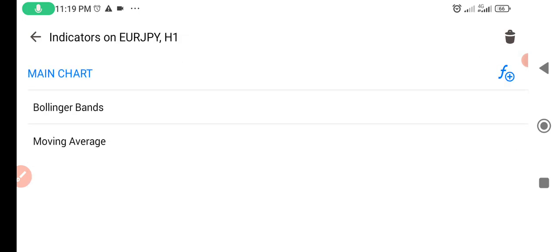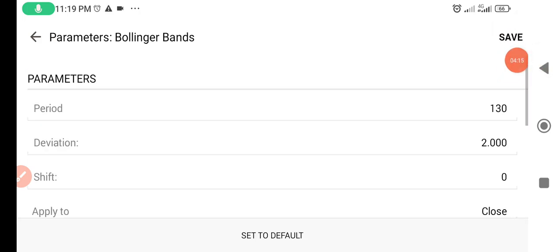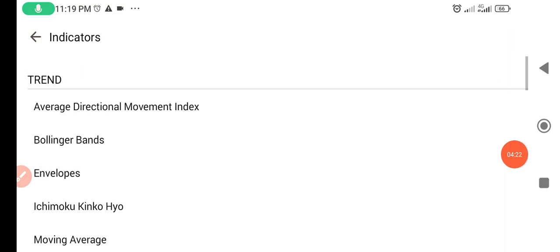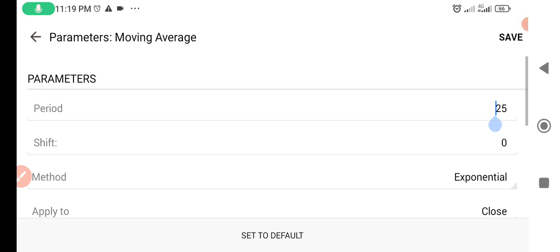Click on done. You add another moving average. We are going to add a new moving average, and this time around we are adding moving average 10.